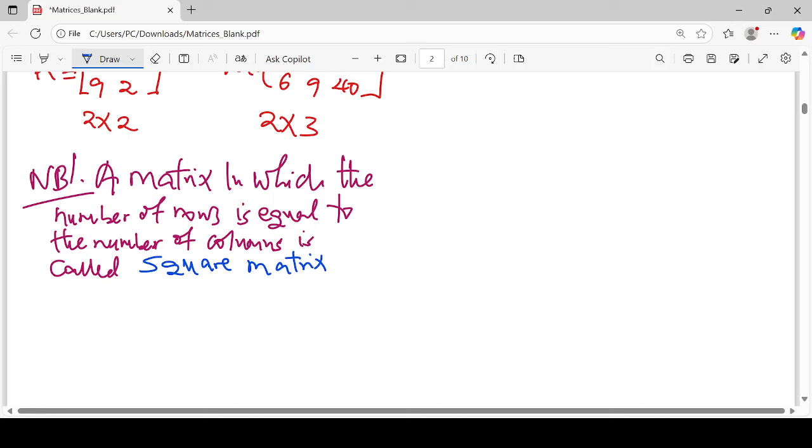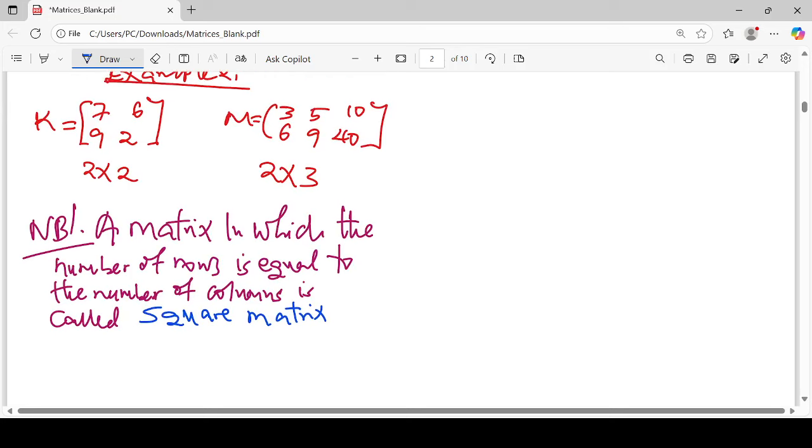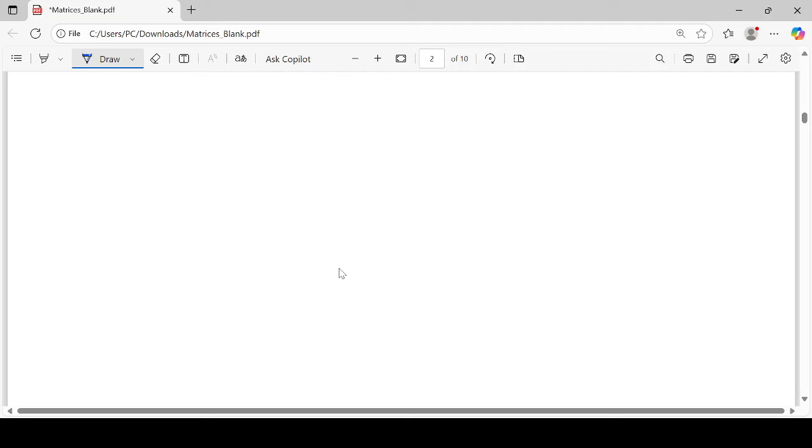I want now to look at the last item of our discussion. That is what is called addition and subtraction of matrices.